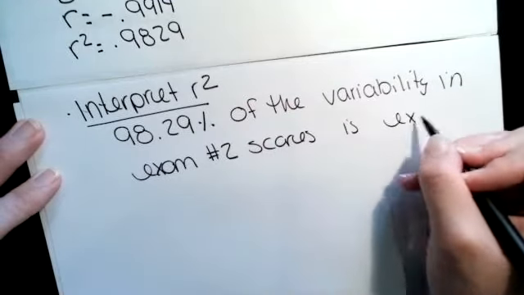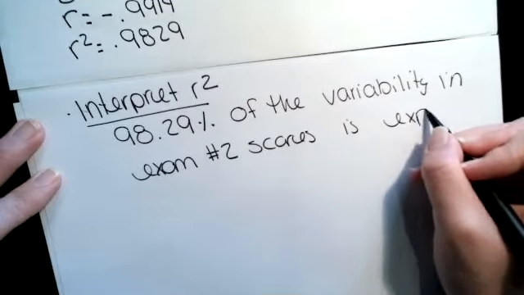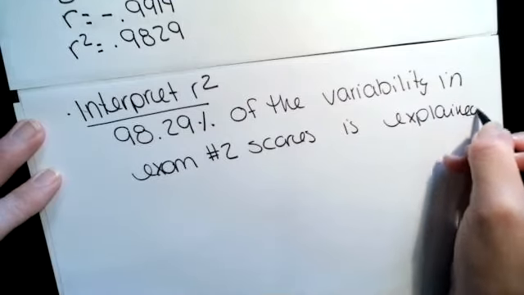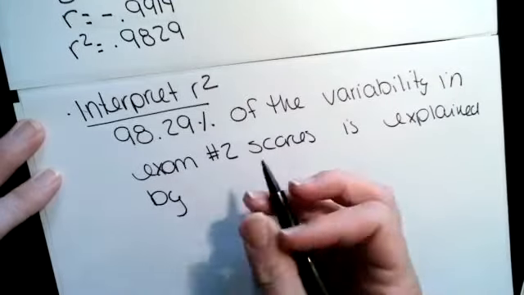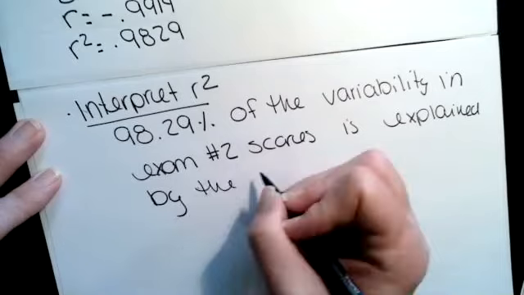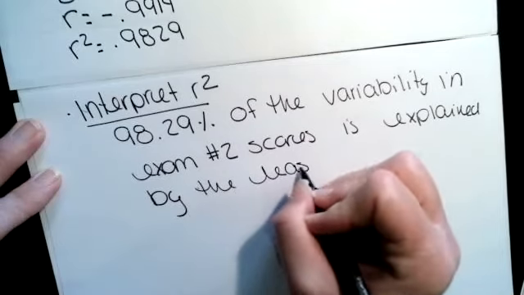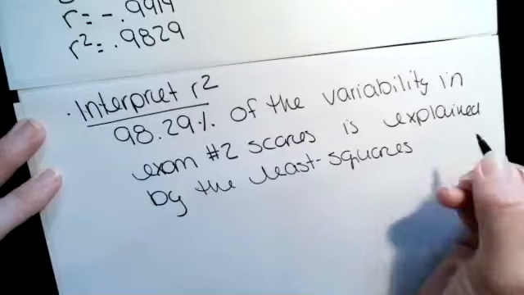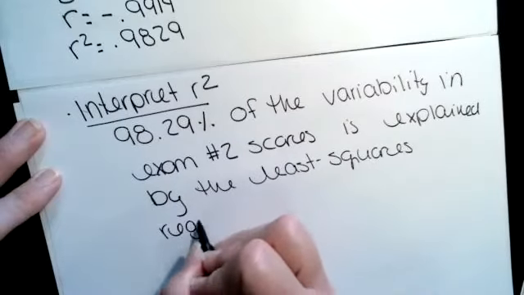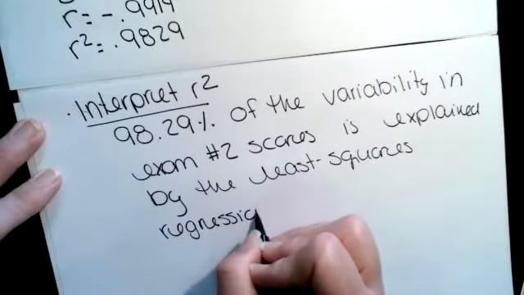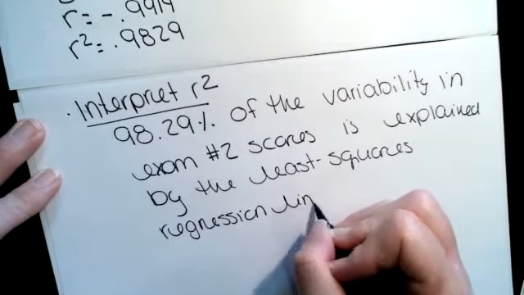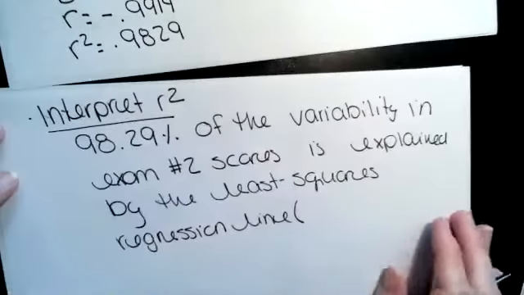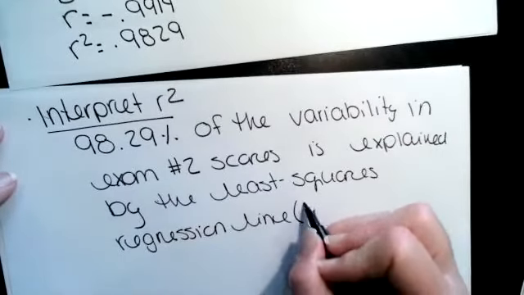is explained or is being explained by, now I can write it out, the least squares regression line, or I can actually write out the equation of the line, and I'm just going to put it in parentheses here. So you can do either one. You don't really have to do both.